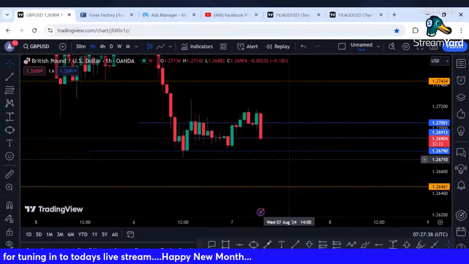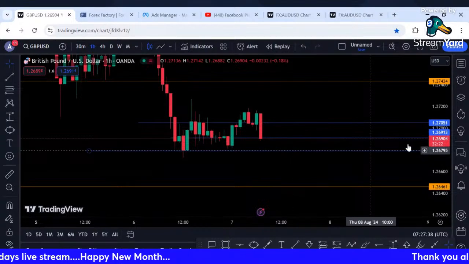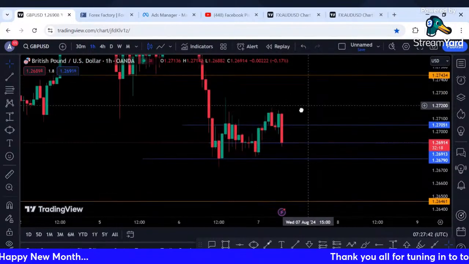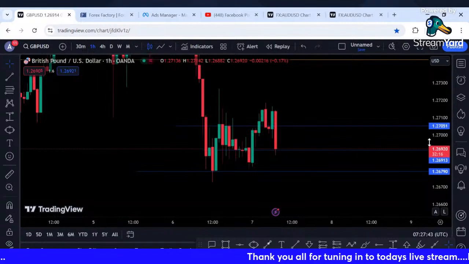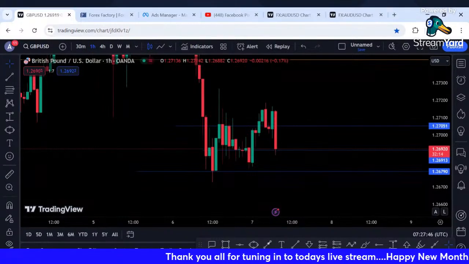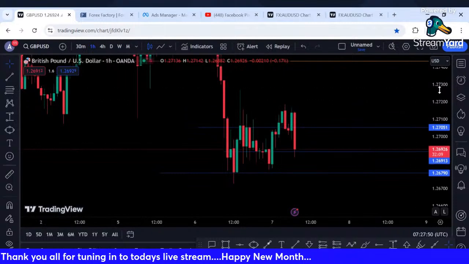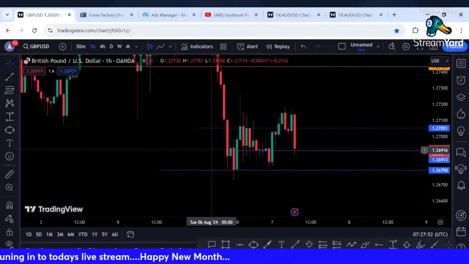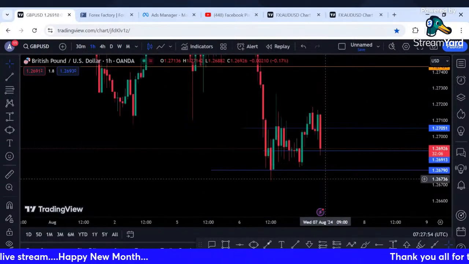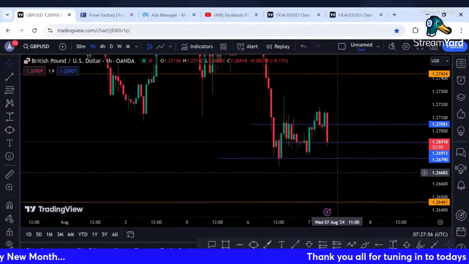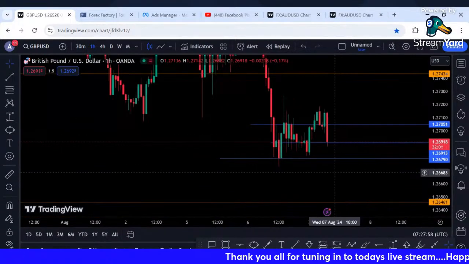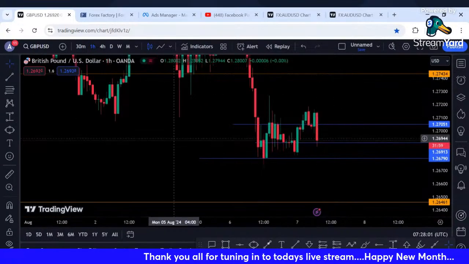The most important thing you have to master is what? Knowing the direction of the market first on the higher time frame. If you get to understand the direction of the market on the higher time frame, that'll be very helpful to you.